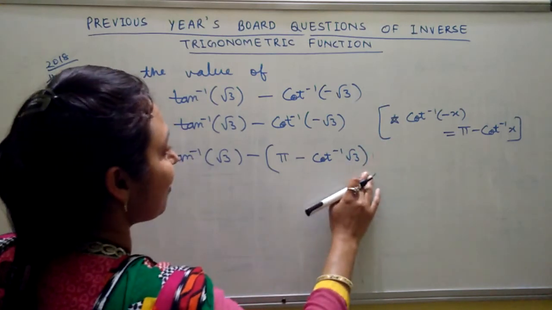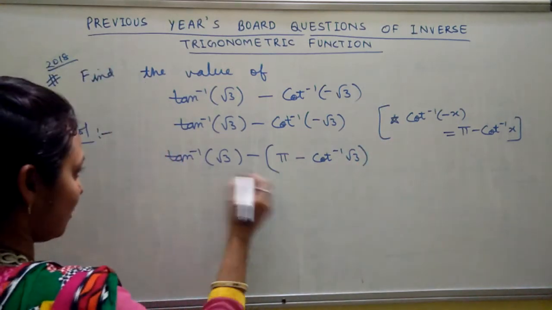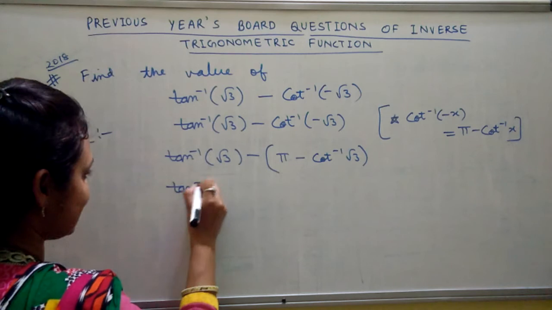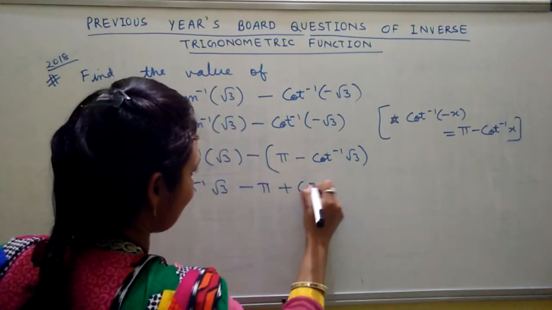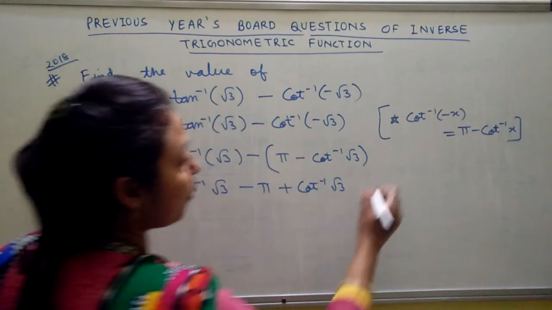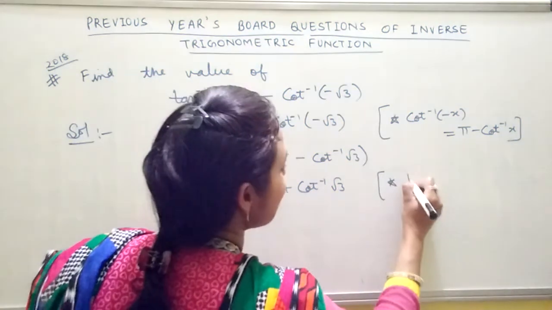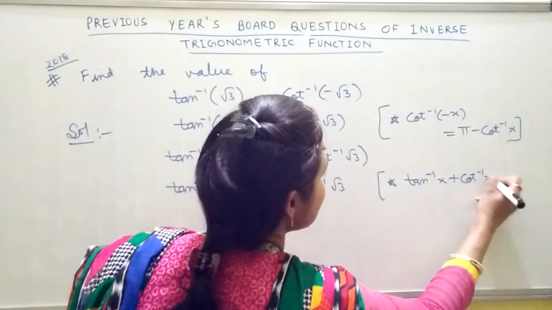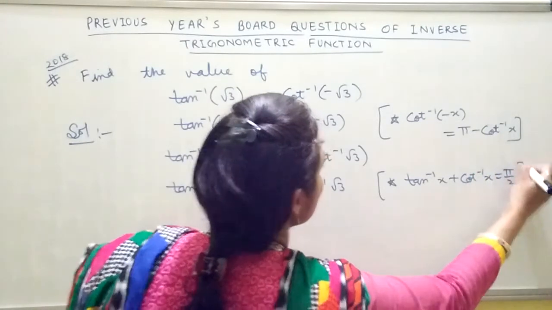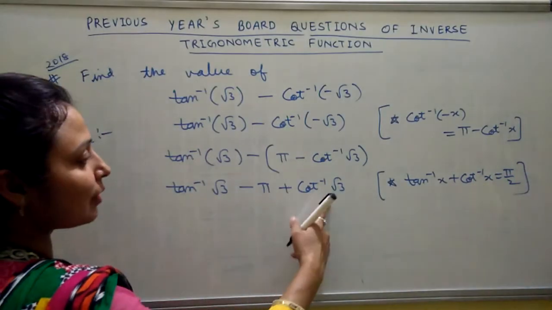Okay, I will write it: tan inverse root 3 minus pi plus cot inverse root 3. You all know the property tan inverse x plus cot inverse x is pi by 2. So I will use this property to solve this question.